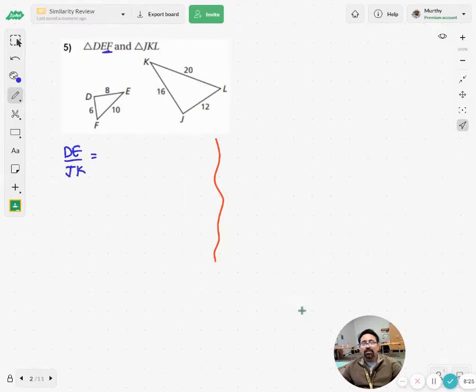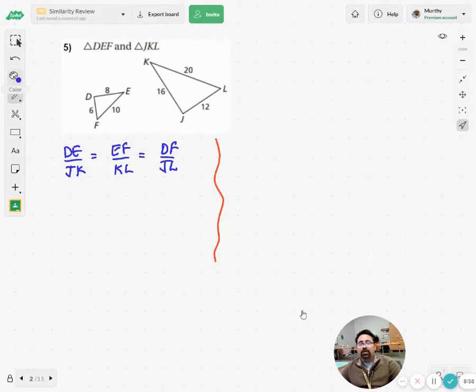Then the second and third letters, that is EF, over the second and third letters of my second triangle, KL. You know there are three sides, so two sides I copied. First and third letters, DF, over the first and third letters, JL. So it is DF over JL.